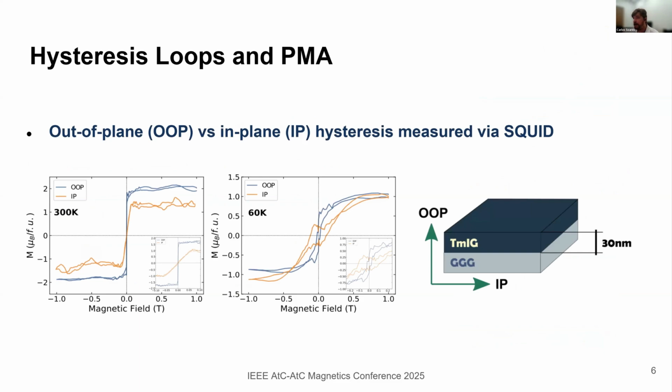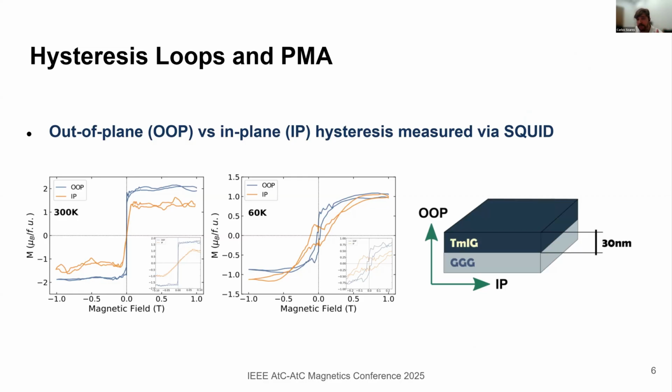First of all, I will show you the magnetic behavior. In the thulium iron garnet, the GGG substrate has a large paramagnetic signal, and because of that you have some noise in these curves. We observe what is expected in the MOKE measurement.